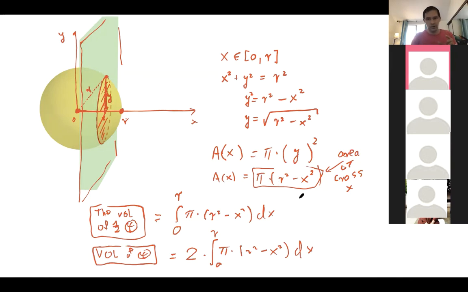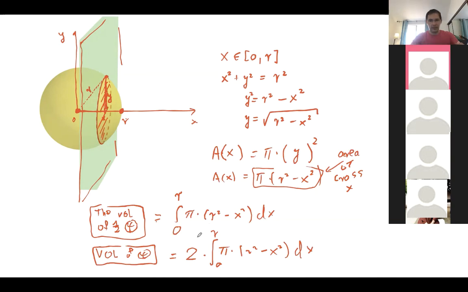Okay, so your question is, why do we have the constant 2 at the front of this integration? The reason is that initially we said, I want to compute the volume of this apple. First thing to do, notice that this apple is symmetric, so I can focus on just one half of this apple.